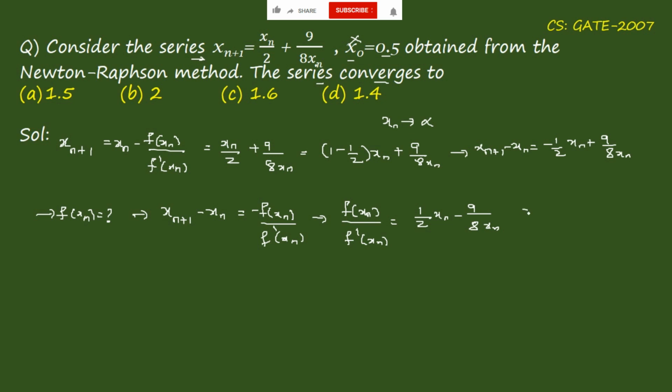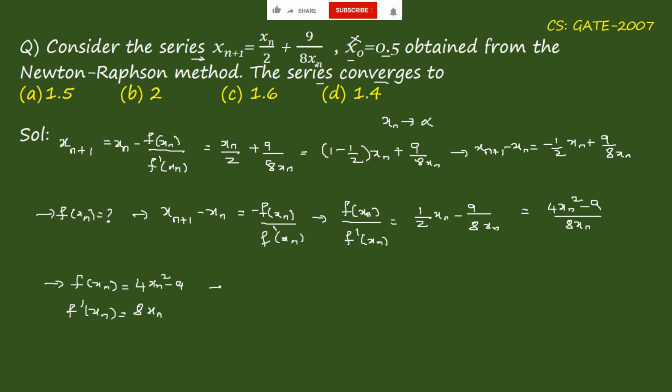Taking LCM, it becomes 4 x of n square minus 9 by 8 x of n, right? So if you consider that f of x of n is equal to 4 into x of n square minus 9, then we can get f dash of x of n is equal to 8 x of n, right?